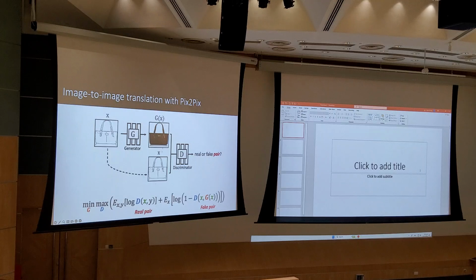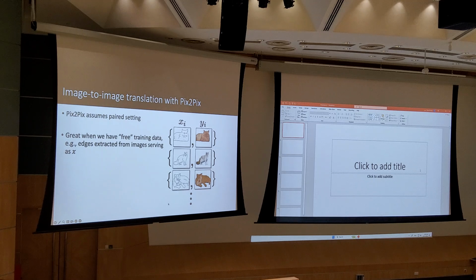Instead of having just the image, you now also have the input here, to form the fake pair together with G(x). For the discriminator term, you have x and y, x being the real edge and y being the real image. That's the reformulation of the GAN.